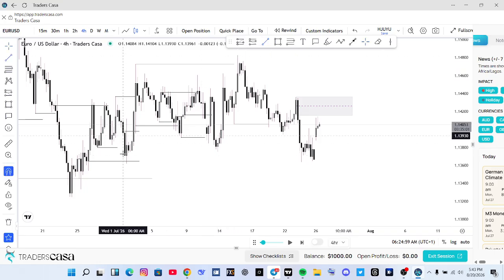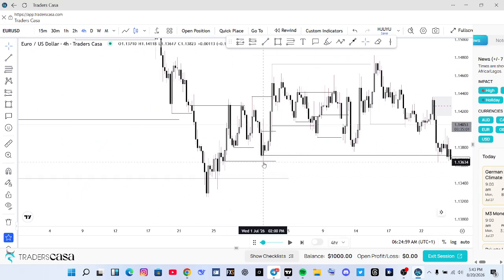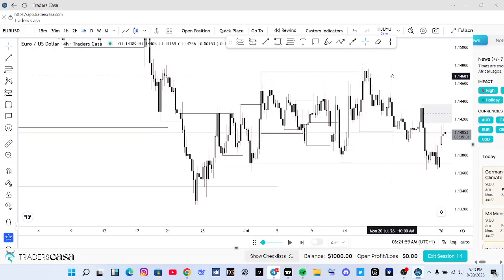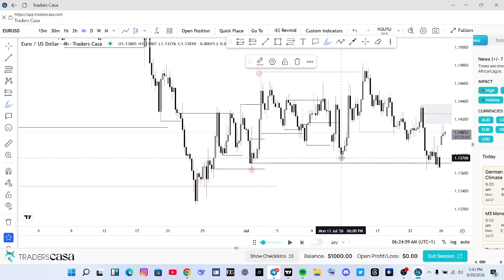Now look at this structure. This low here gave us a break at this zone, and then all this was a retracement, but this low was not able to give us a break here. Look at this, it was just a sweep.